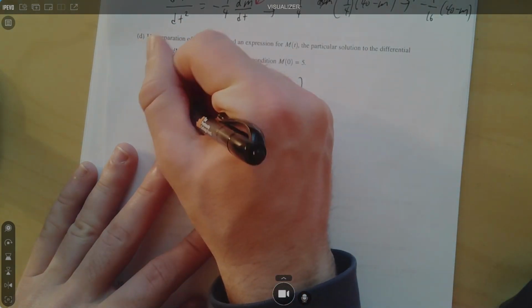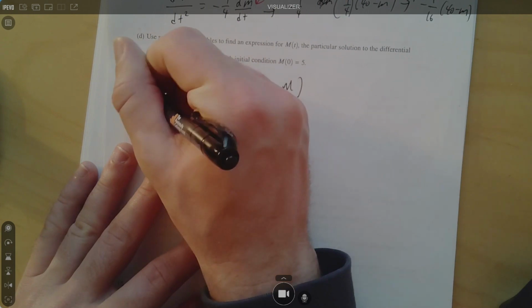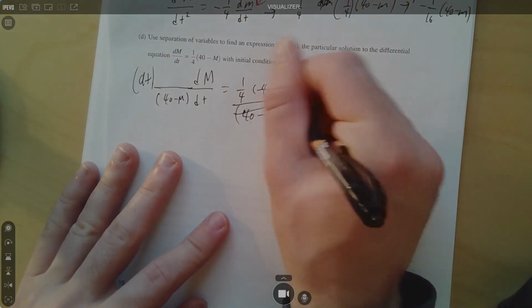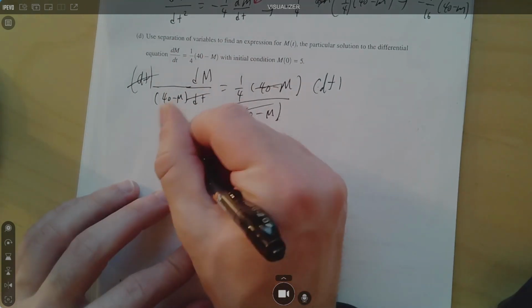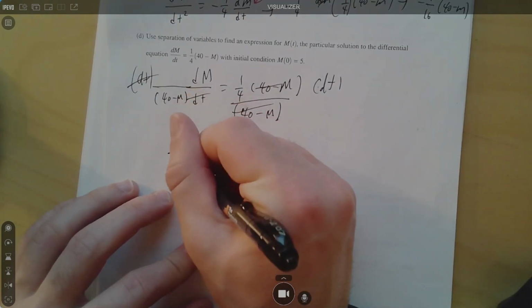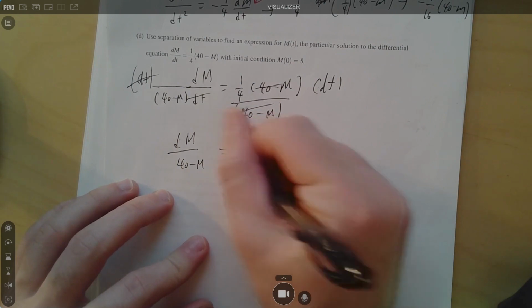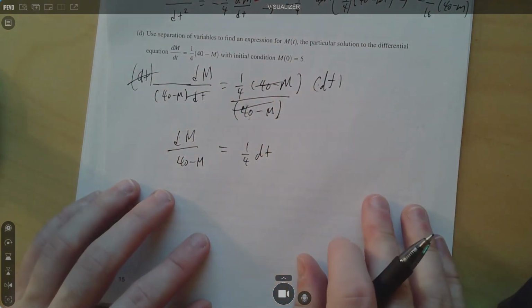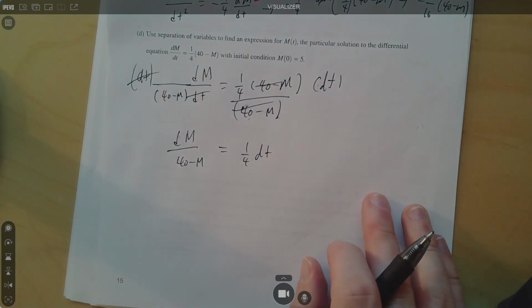And then I'm going to multiply by dt on the left and right. And so what happens is I'll get dm over 40 minus m equals 1 over 4 dt. So that's 1 point right there for the separation.